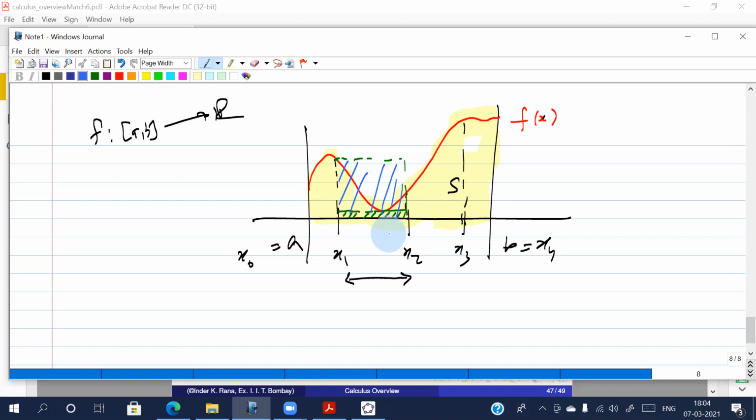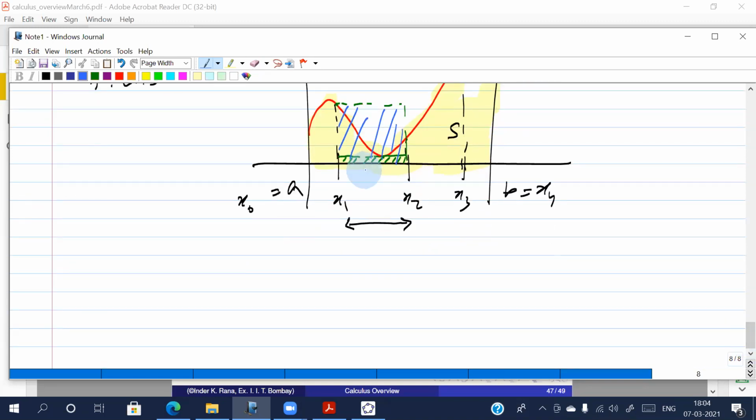We can approximate the area below x1, x2 by the areas of two rectangles, and I can find those areas. For example, this green one is the minimum value of f of x in the interval x1 to x2, that is this height, times x2 minus x1. So that is the area of the green one.